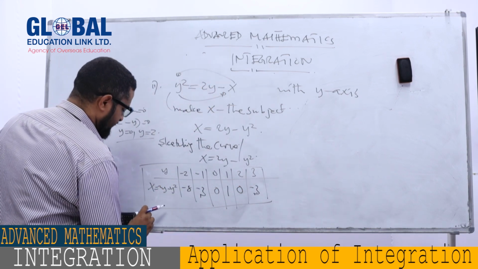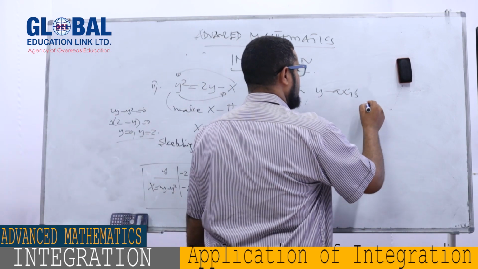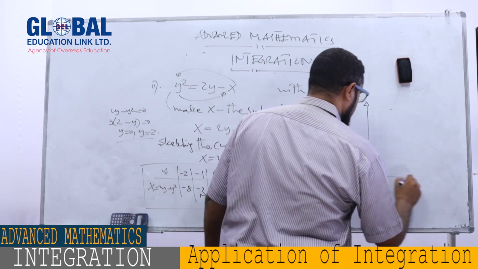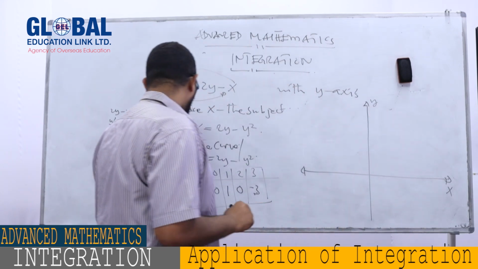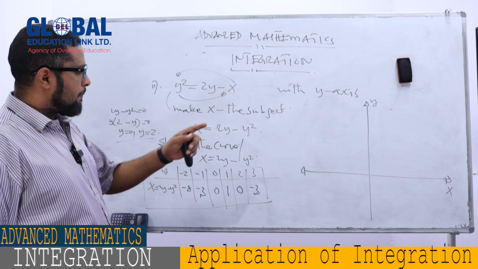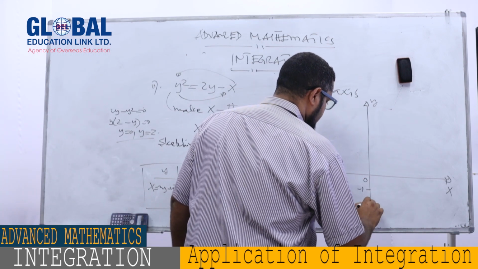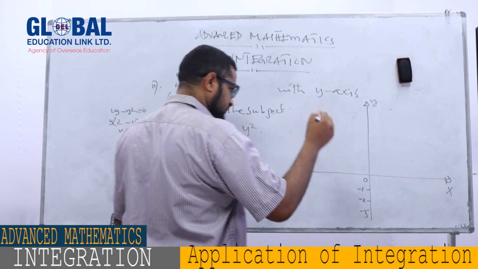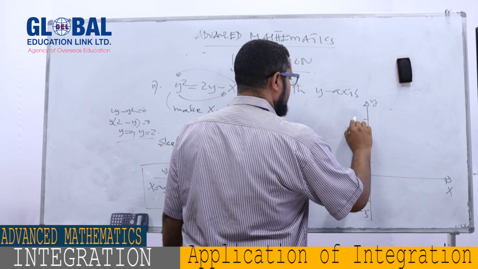So from there, let's sketch and see the nature of our curve. If you sketch, you will have the following. This is x and that is y. In the case of y, we have negative numbers and positive numbers. So we include them in our graph: negative 1, negative 2, negative 3, then positive 1, 2, 3, 4.